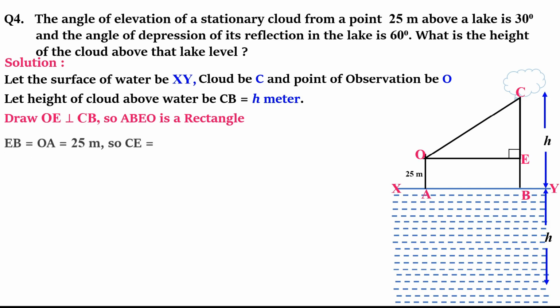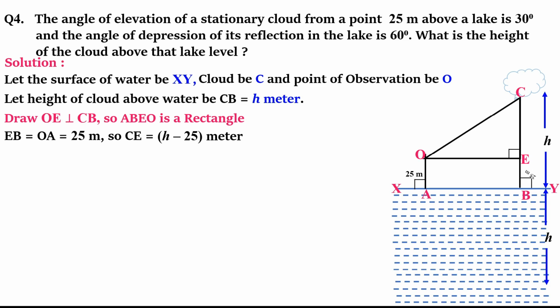So from here we understand that EB is equal to OA is equal to 25 meter, because all these are right angles. Okay, OA is perpendicular, CB is also perpendicular, OE is also perpendicular, we have drawn perpendicular on BC, so it is a rectangle. That way it is a rectangle because each angle is a right angle.